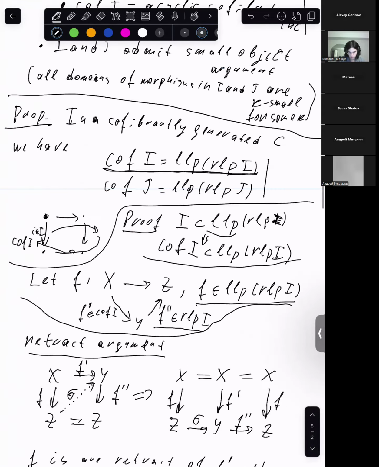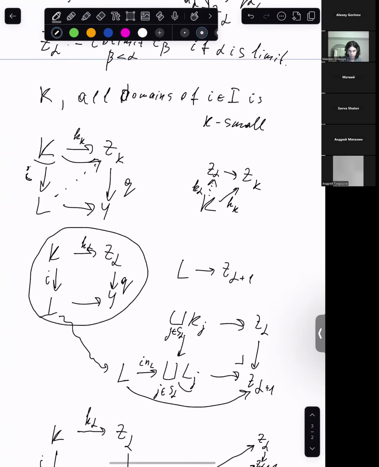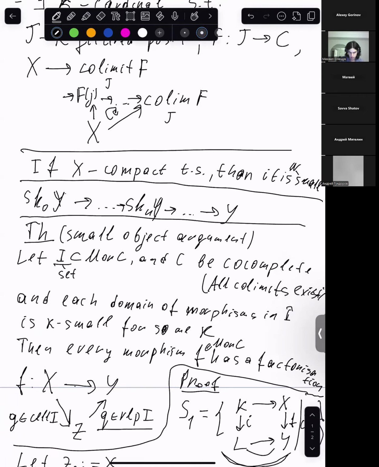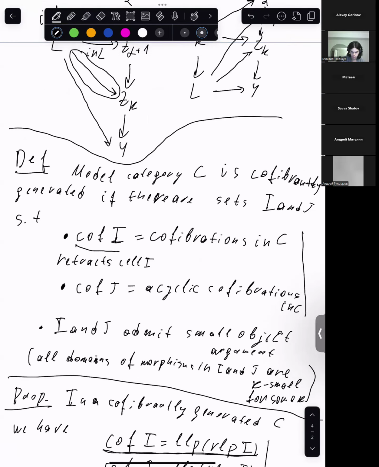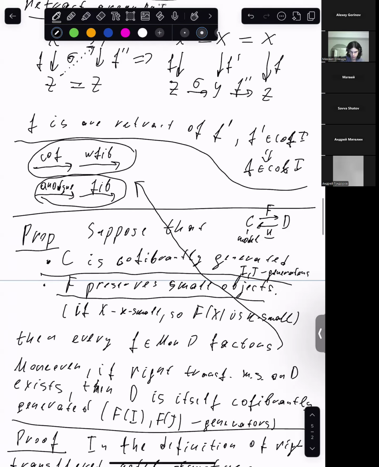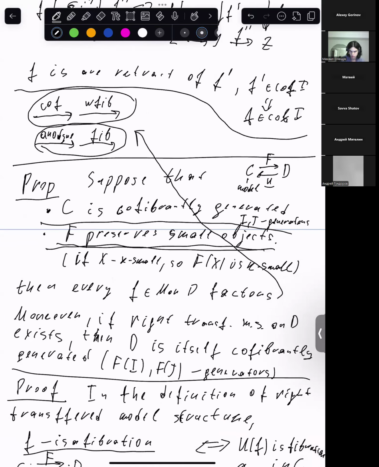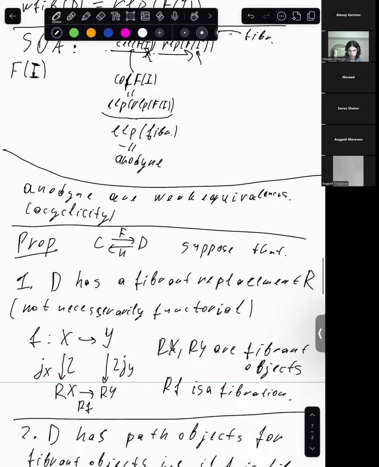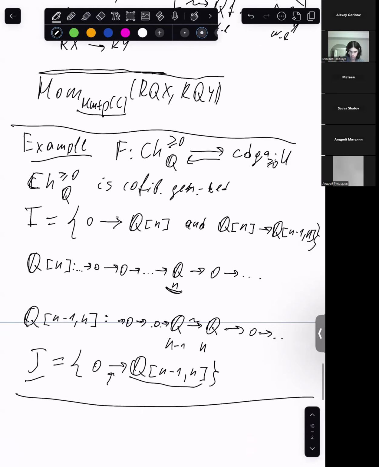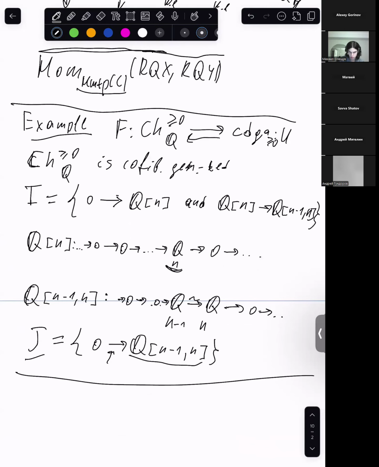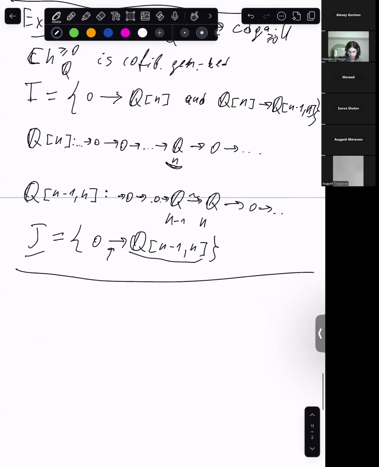Second, we should check that the functor F preserves small objects. We need to say something about small objects in categories of chain complexes and CDJs.